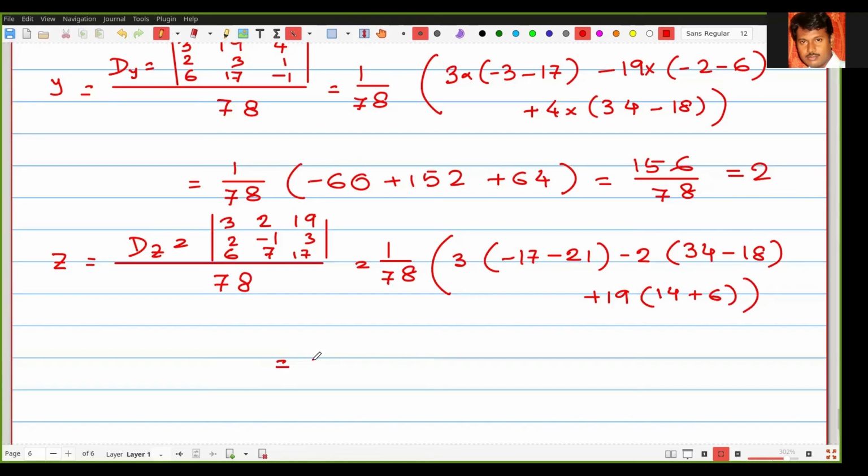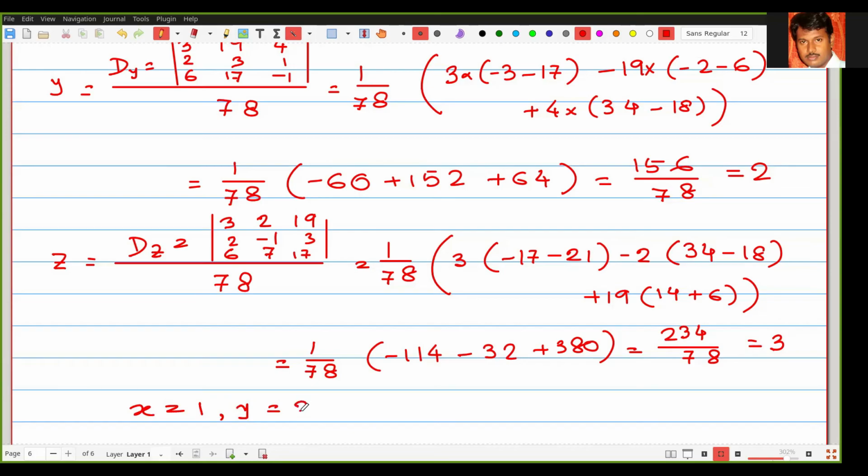So here that is 1 by 78 minus 114 minus 32 plus 380, or 234 upon 78, or that one is 3. So x is equal to 1, y is equal to 2, z is equal to 3.